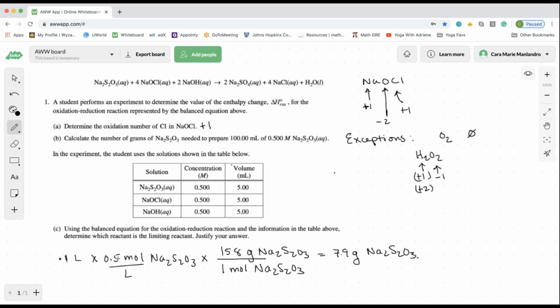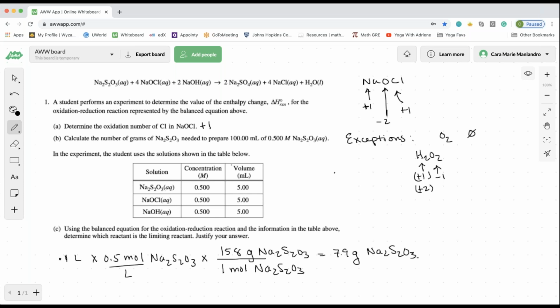Okay, so let's go ahead and use a balanced equation for the redox, and then our information here to determine which one's the limiting reactant. It looks like we have the same concentration of everybody.